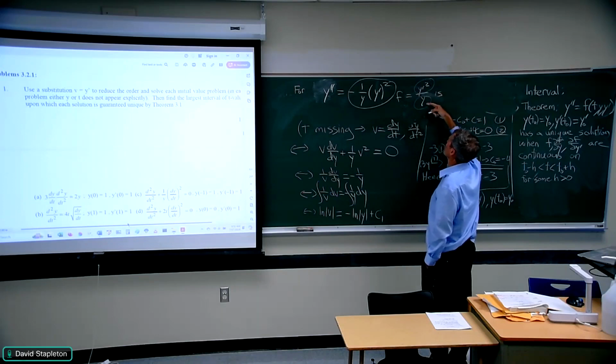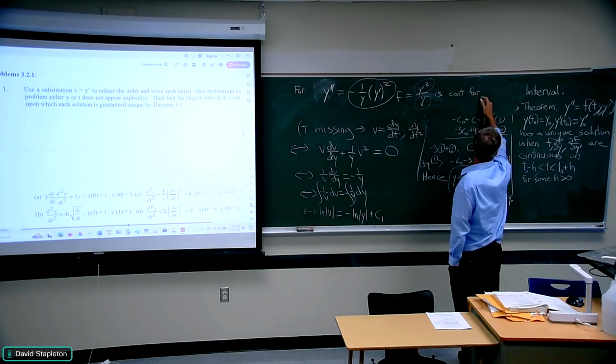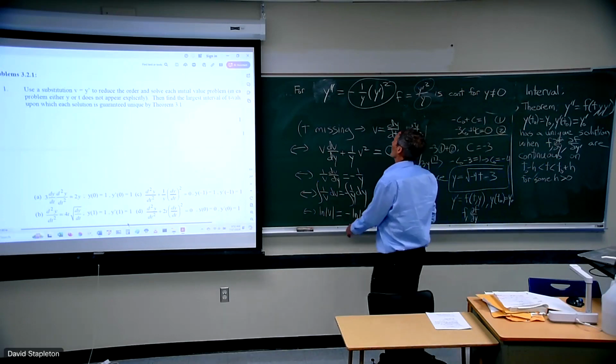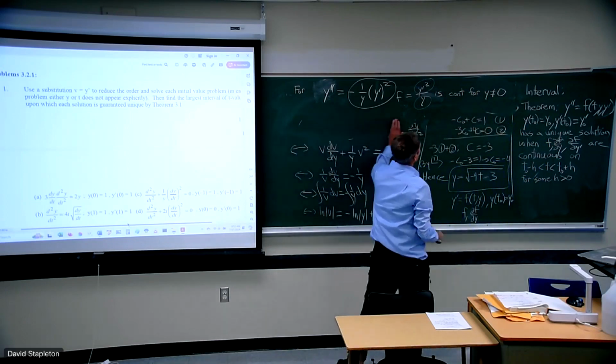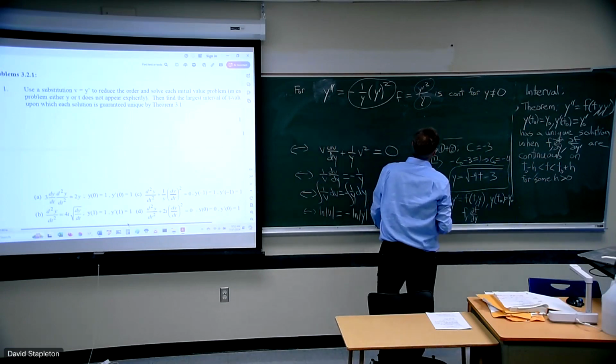A quotient of continuous functions is continuous, provided the denominator is not zero. So this is continuous where in three-dimensional space, t, y, y prime space, y is not equal to zero. So you avoid the y equals zero plane in t, y, y prime space, say on one side or the other.